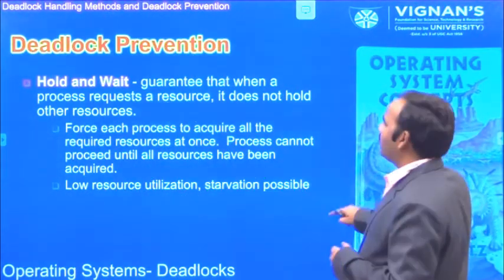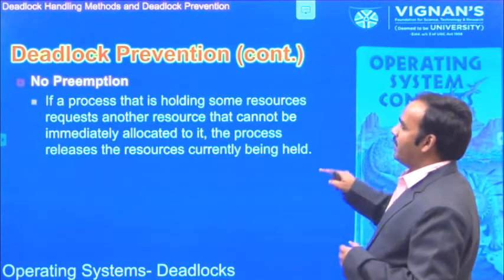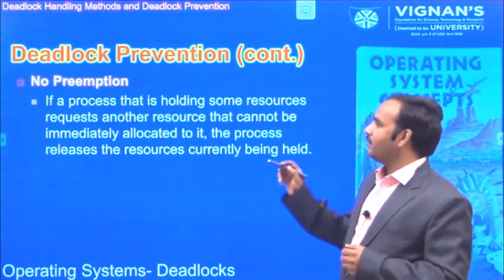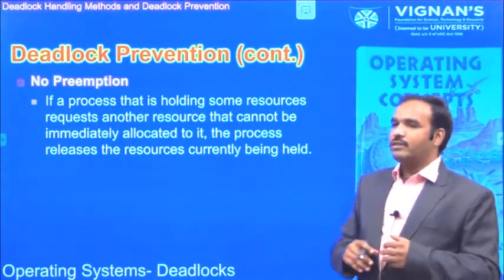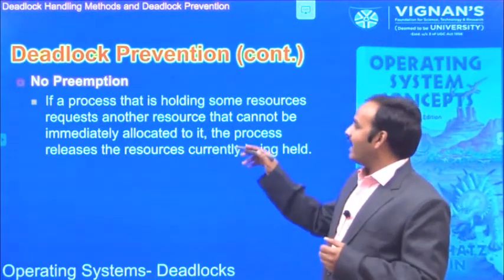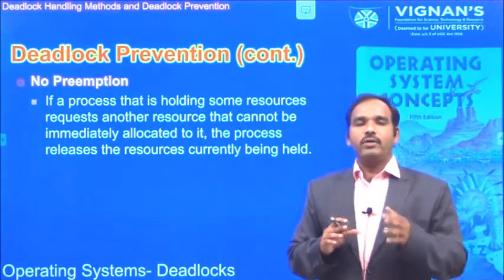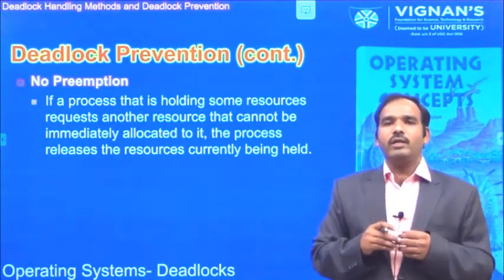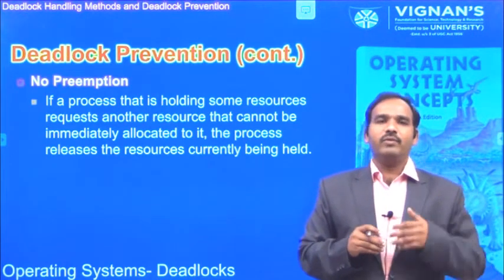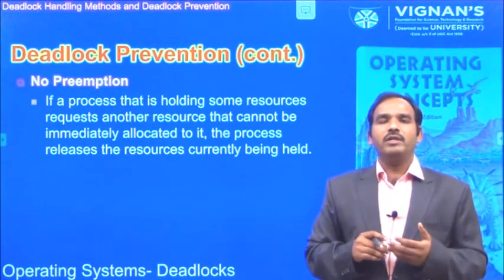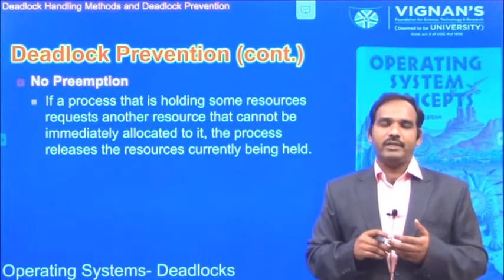Next, coming to the third condition, no preemption. In no preemption, a process that is holding some resources requests another resource that cannot be immediately allocated to it. We are trying to disable the no preemption condition.